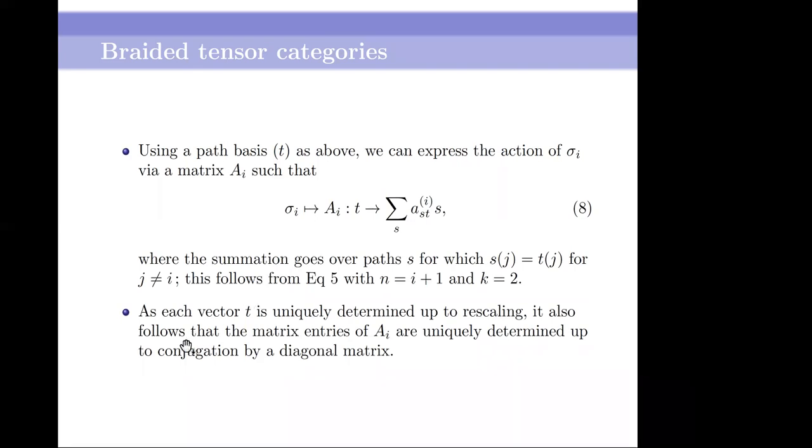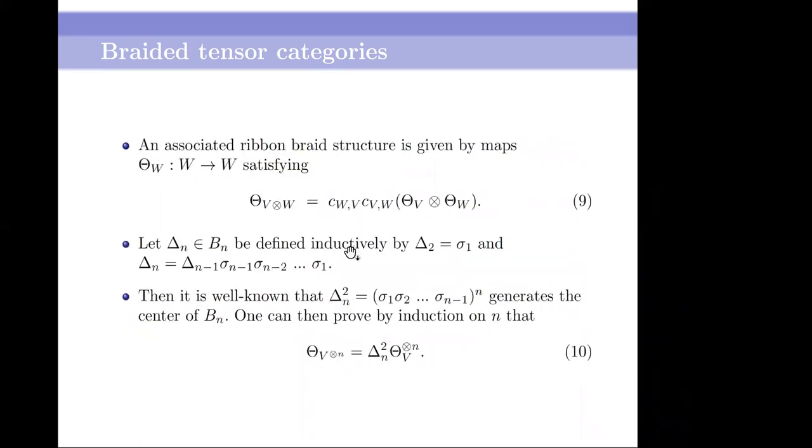And each of those vectors corresponding to paths is uniquely determined up to rescaling, so the matrix entries here are also determined up to conjugation by a diagonal matrix.